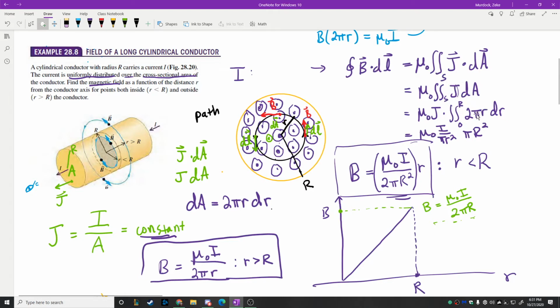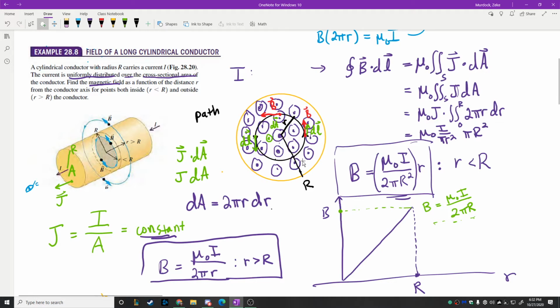But the problem's not going to be much harder, because the dA is going to be the same. Your J will be like a constant times R cubed or something. So when you do your integral, it'll be r to the 4th, and then you'll get pi r to the 4th over 4. Does that make sense? J is going to be your function. That's what's going to be a little bit different in the homework problem you have.